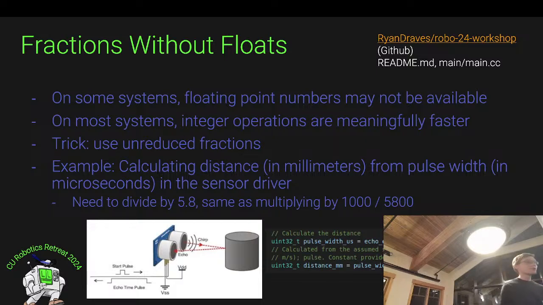It has a floating point unit. You can use it if you would like. But on almost any system, it will always be more efficient to use integer math. It takes less clock cycles on the CPU to do integer math compared to the more complicated float operations. So it becomes very desirable, if you have something time sensitive, to stay in the integer realm as much as you can.